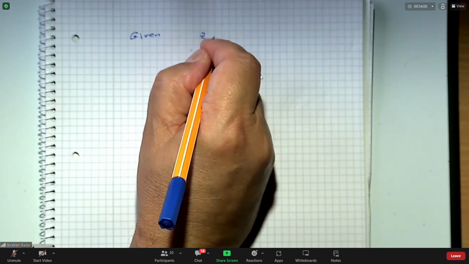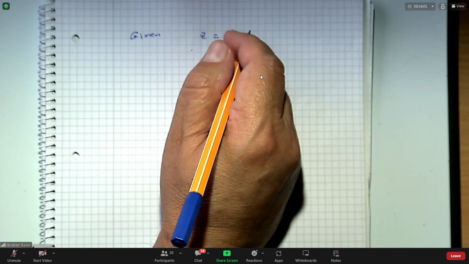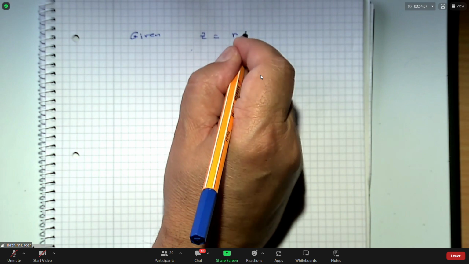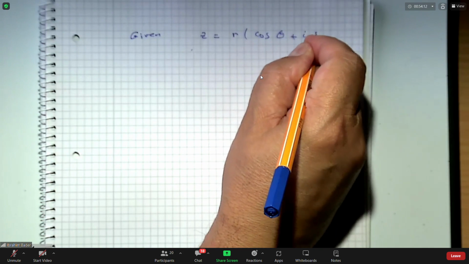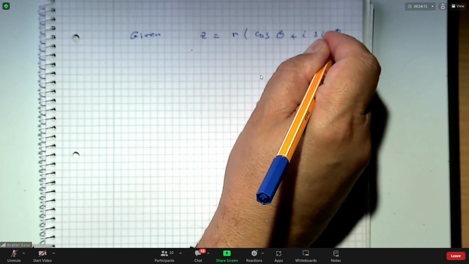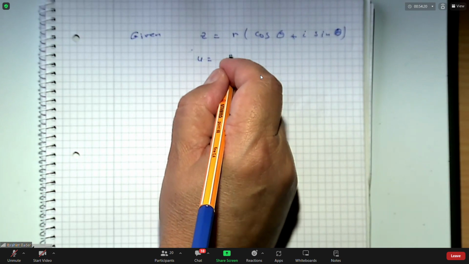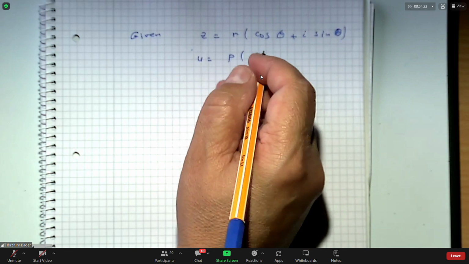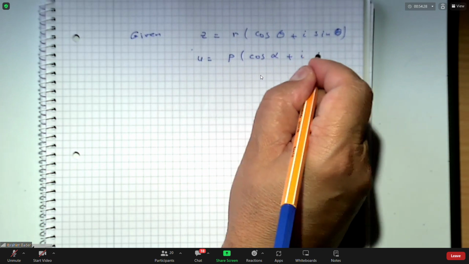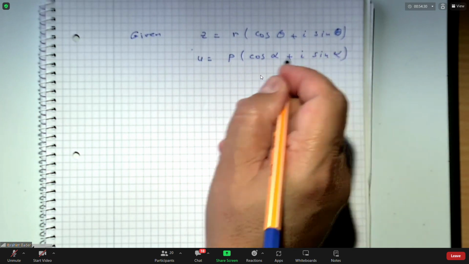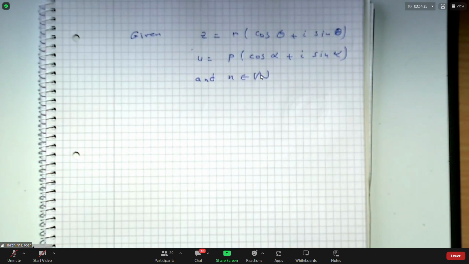Let's assume we have the two numbers in polar coordinates. So z is r times cosine theta plus i sine theta, and the other, u, let me take different names, b its magnitude, and cosine alpha plus i sine alpha, and given n is a natural number. So this is what we are given.